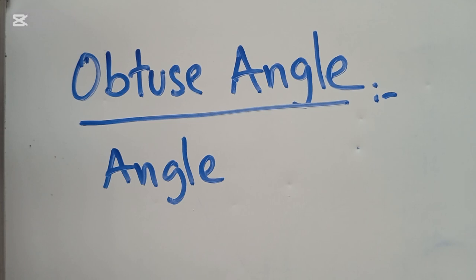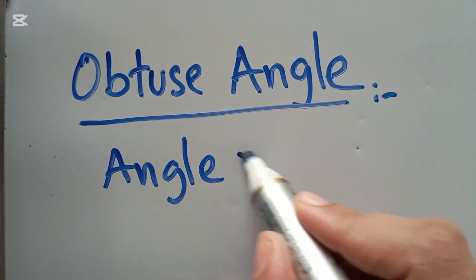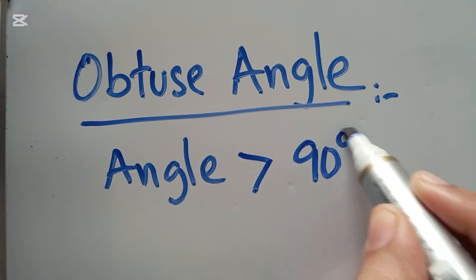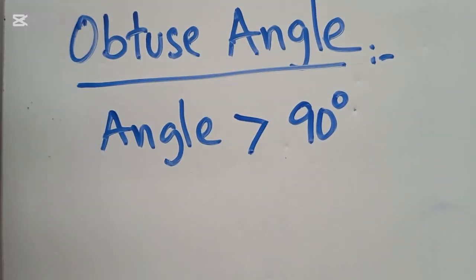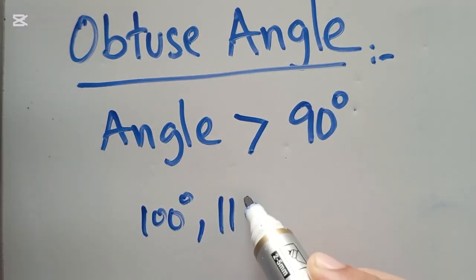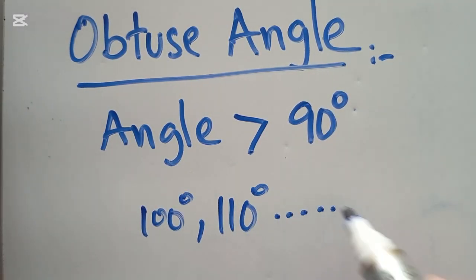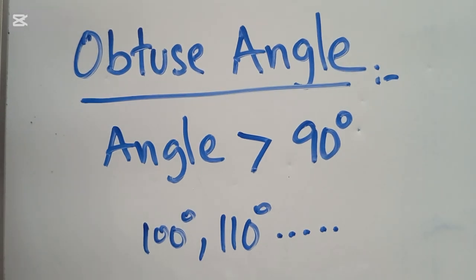Obtuse angle is an angle which is greater than 90 degrees. So any angle whose value is greater than 90 degrees will be called an obtuse angle, and it is like 100, 110, and the value will go up to less than 180 degrees.